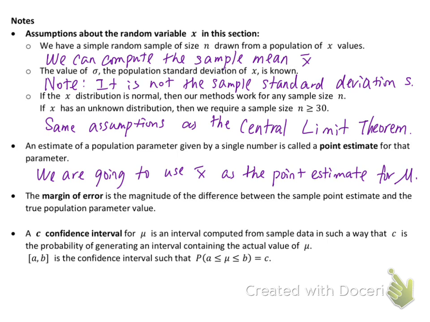You get 10 numbers, you compute their average. The average of the 10 numbers will be x bar, and you say, okay, I use this x bar to estimate mu. Then what is my error? X bar minus mu, well, positive or negative. It could be positive, it could be negative. Taking the absolute value, making it positive, is the margin of error.